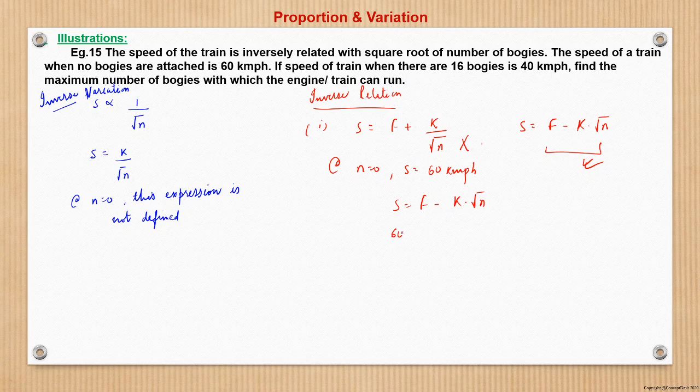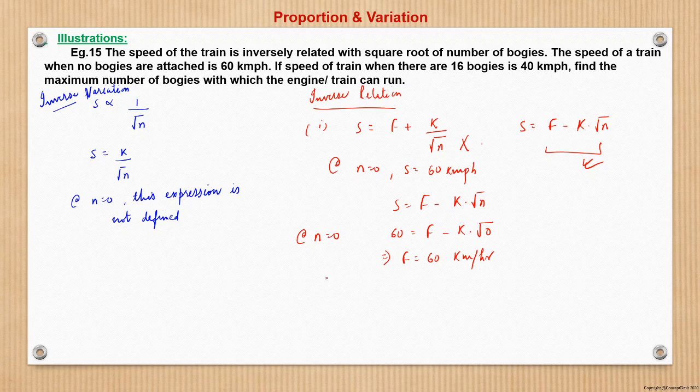Now when n is 0, let the constant be f. That means that even if there's no bogie, the engine will run at a certain speed, right? So from here we can say f is equal to 60 kilometer per hour.